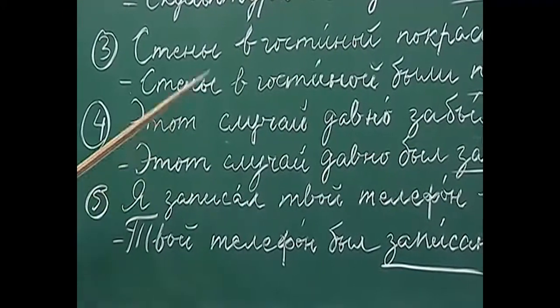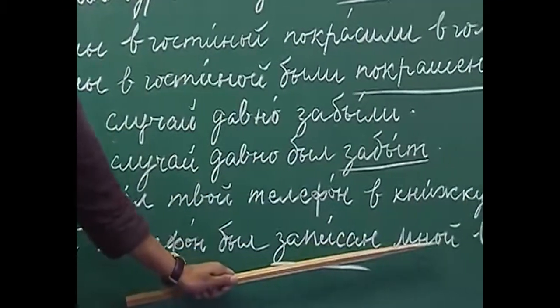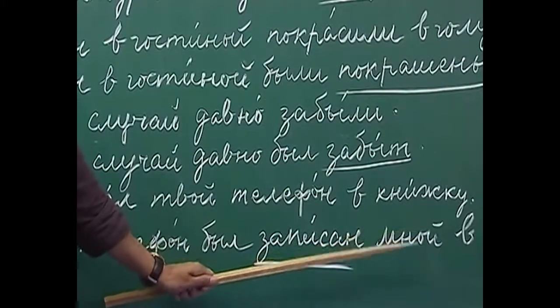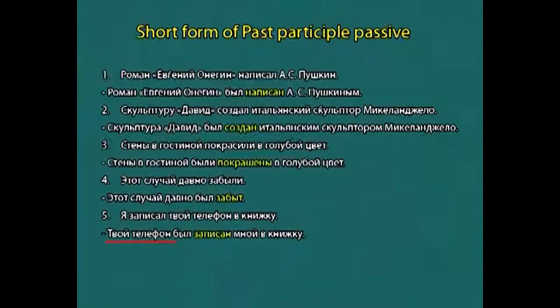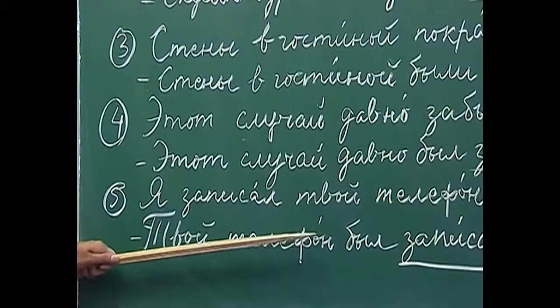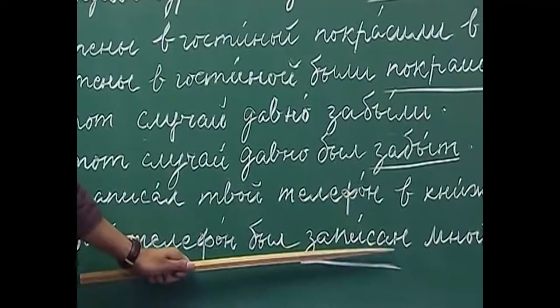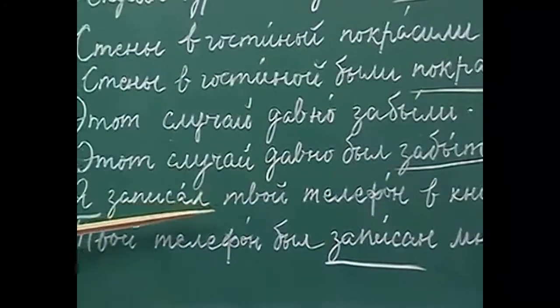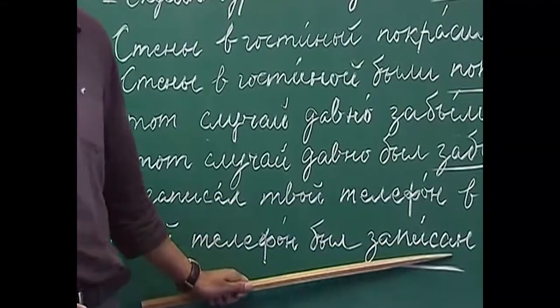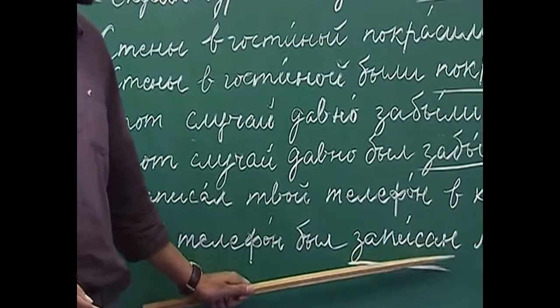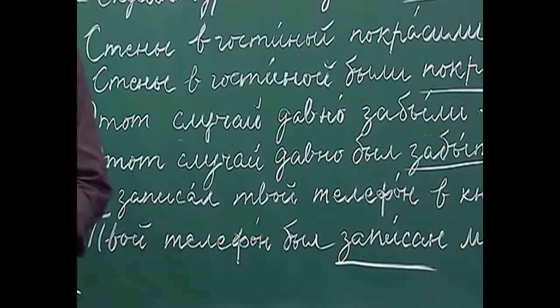So, here subject has been put in the form of instrumental case because it is the performer of the action, and tvoi telephone has come in the beginning. Tvoi telephone bil zapisan. So, zapisan is derived from the verb zapisat and it is the short form of zapisanni, which is the full form of the past participle passive.